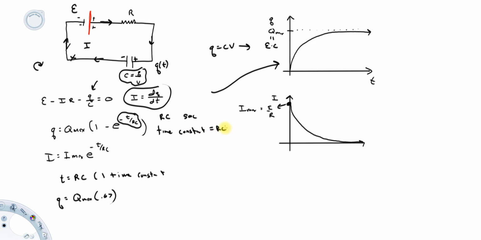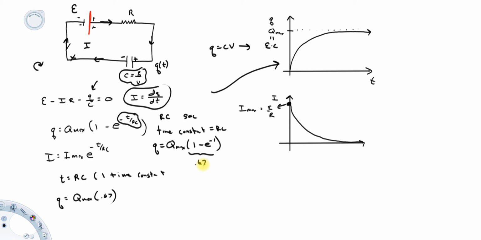It's the time where the charge is equal to Q max times 1 minus e to the minus 1, which gives you 0.63. So the time constant is the time it takes for the charge to hit about 63% of its maximum value.